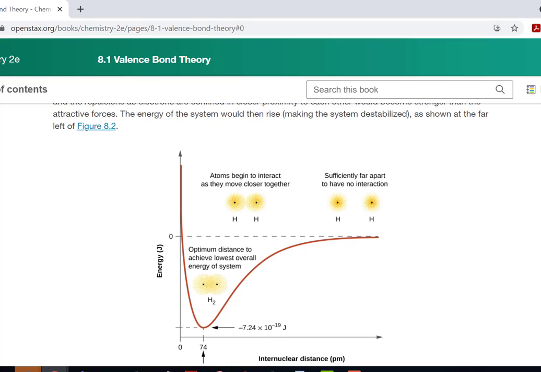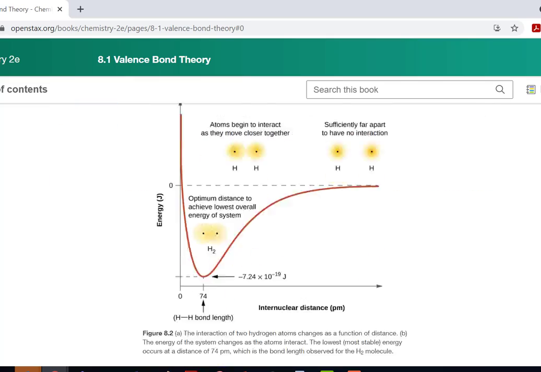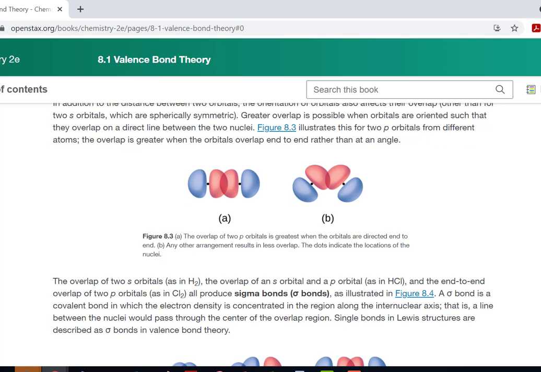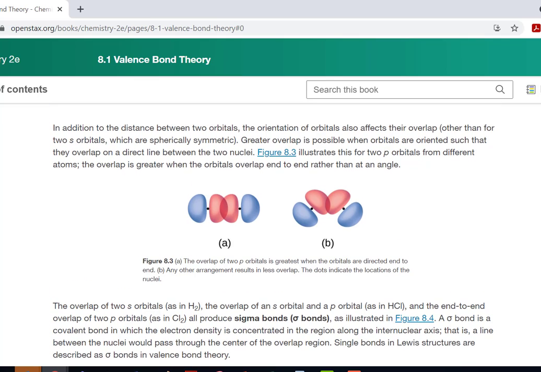When we have p orbitals, that overlap could look a bit different. We could have different possibilities. Here we're showing p orbitals overlapping, and we're showing it happening in a couple of different ways.